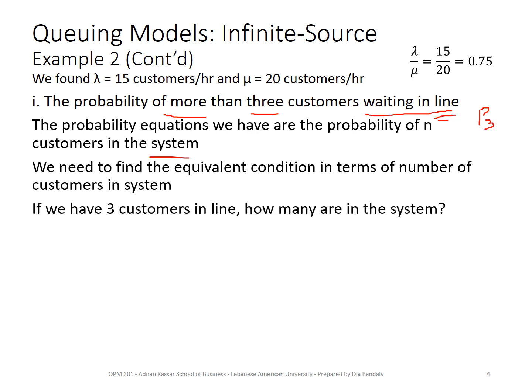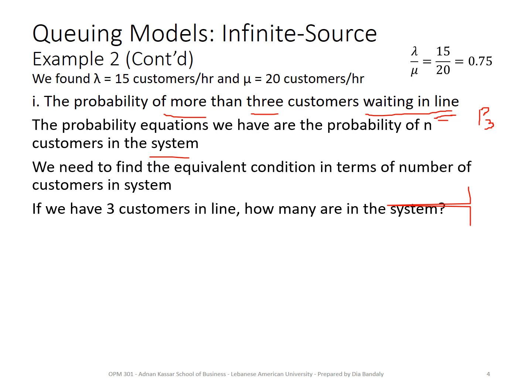So you ask yourself this question. If we have 3 customers in line, how many are in the system? If we answer this question, then we can transform the probability statement into a statement that involves number of people waiting in the system, and then I can use the formulas.